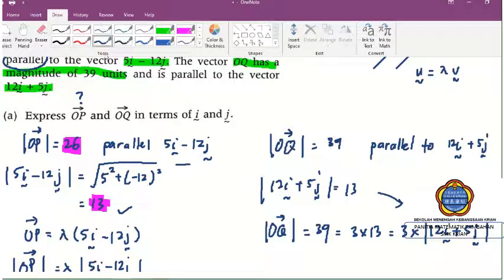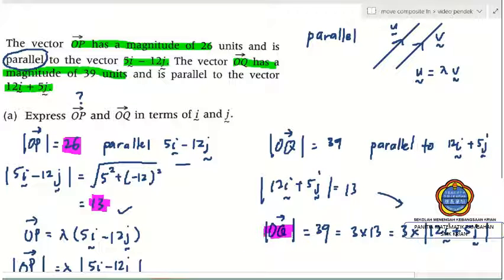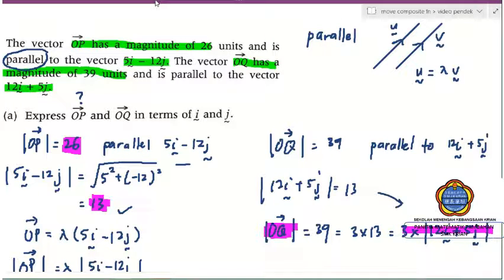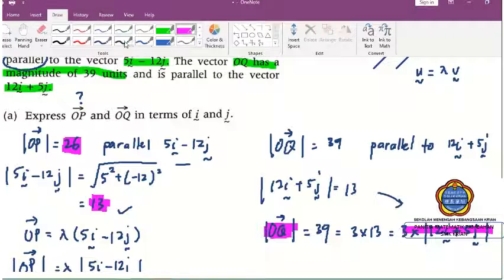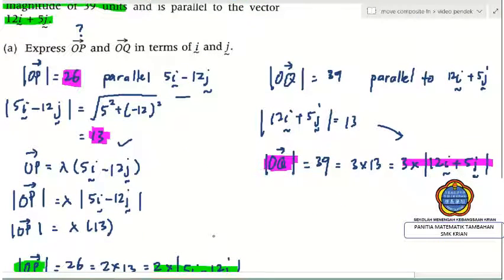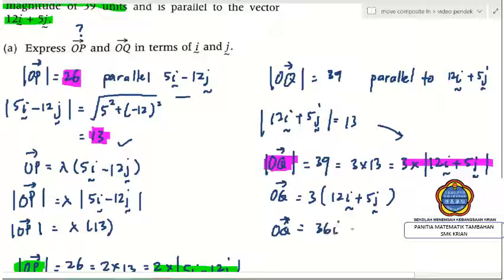Okay, based on this, OQ magnitude is equal to 3 multiply magnitude of 12i plus 5j, and we can conclude that OQ is equal to 3 multiply vector 12i plus 5j, and OQ is equal to 36i plus 15j as our final answer.